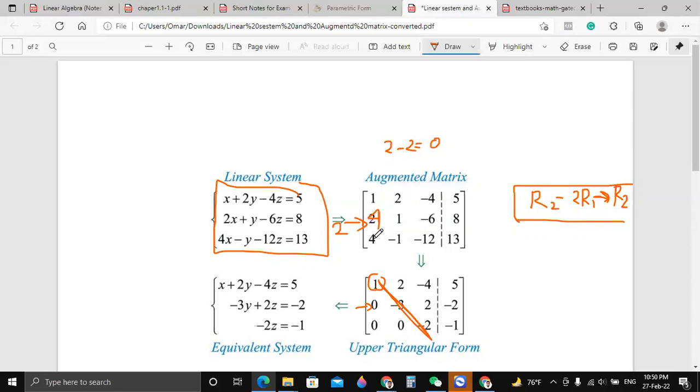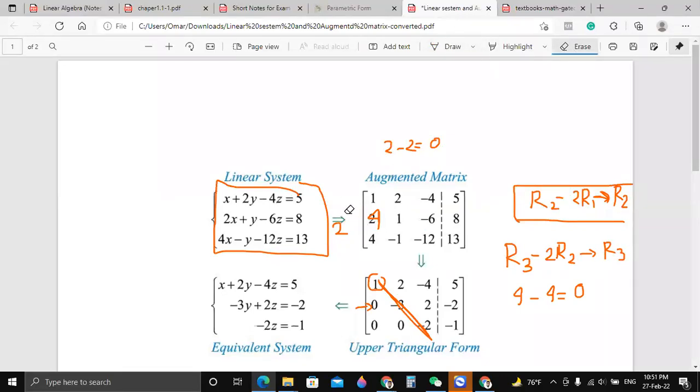And then if I subtract 2 into row 2 from row 3, it will make 4 minus 4, that is 0, right? And then we have to put this value in row number 3. Okay, let me show you.